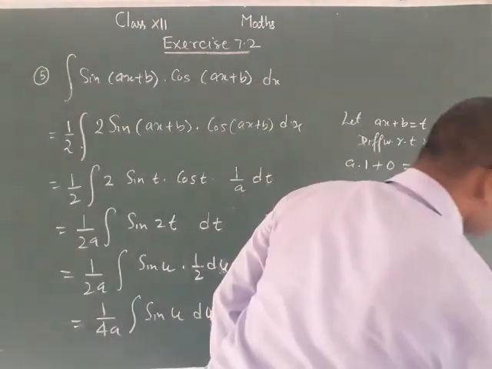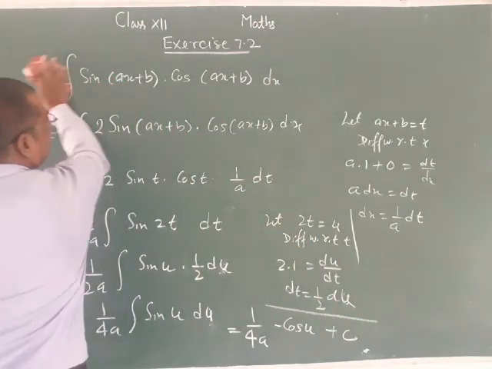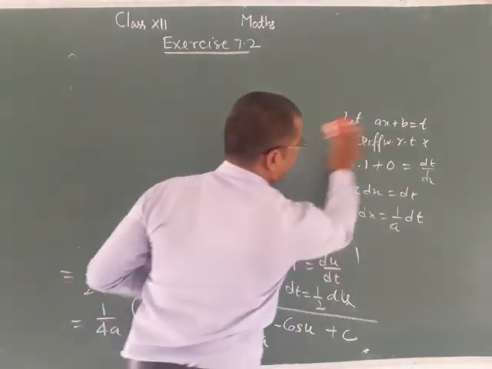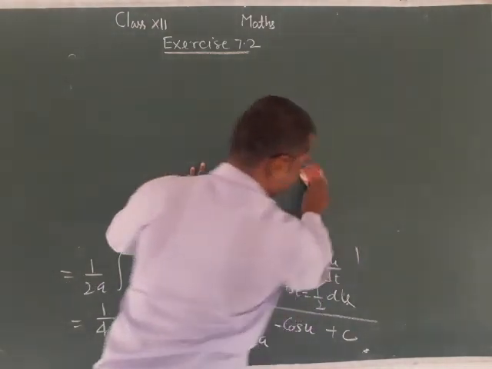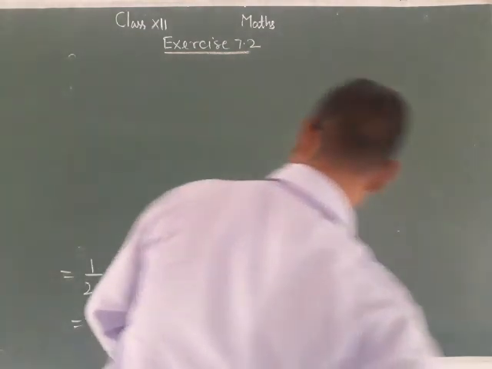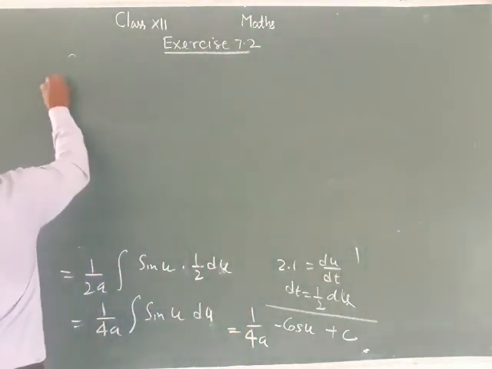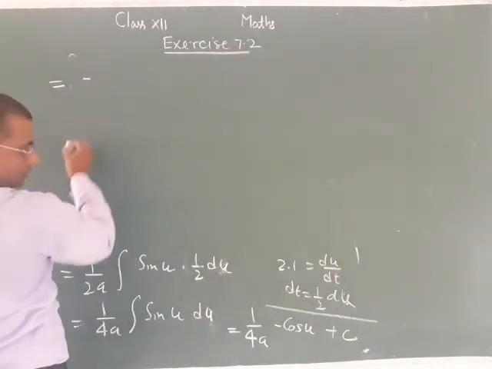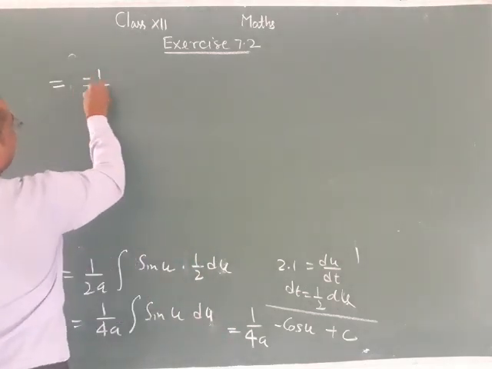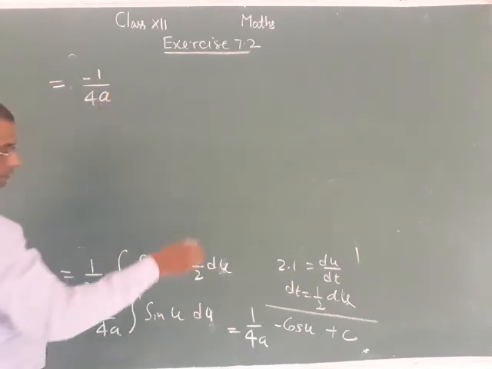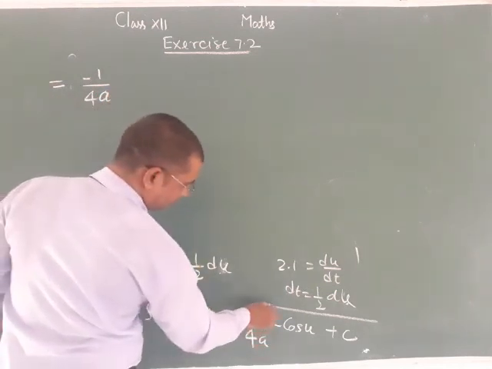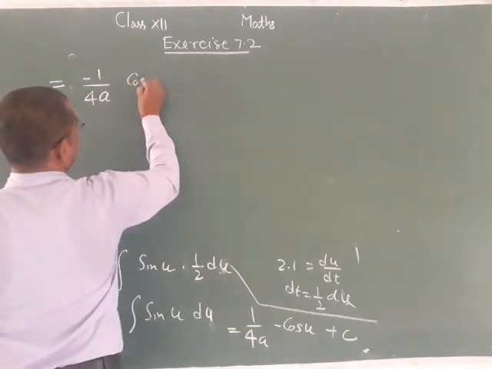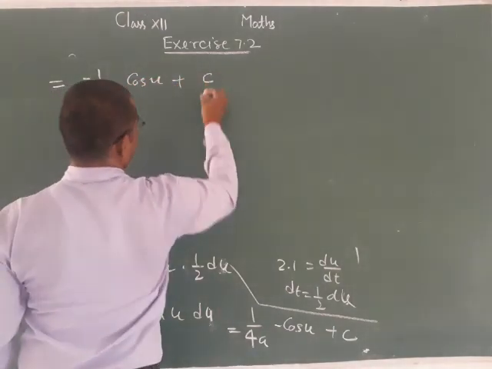We can also solve this question, giving minus 1 upon 4a cos u plus c.